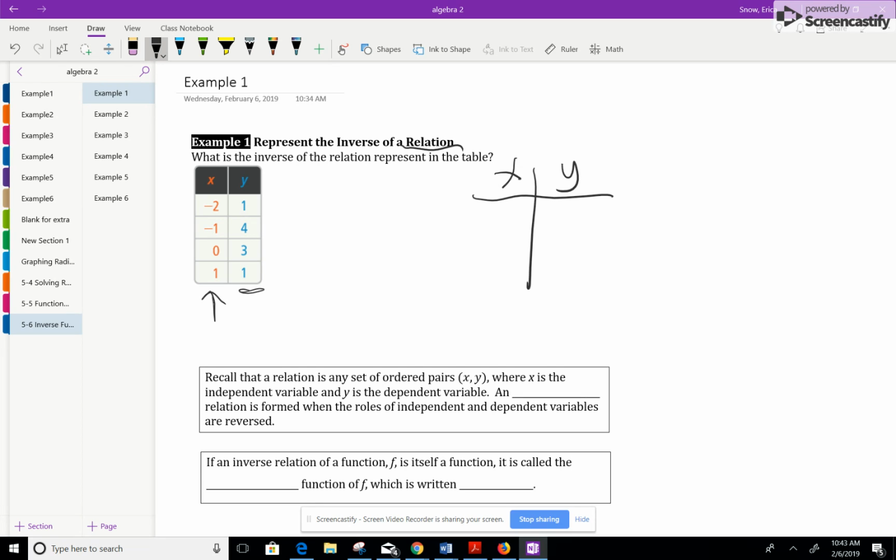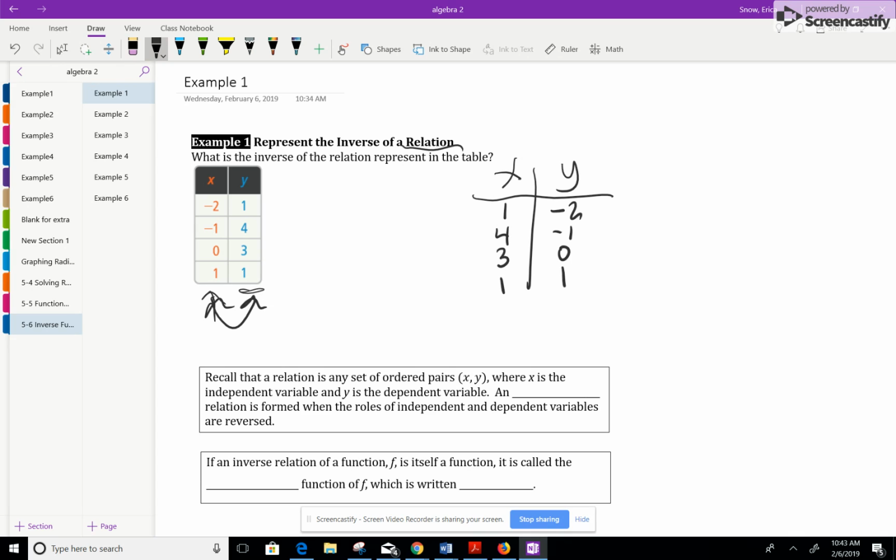So your x's and your y's simply switch. Your inverse relationship would be 1, 4, 3, 1 with your outputs of -2, -1, 0, and 1. So you'll notice that we just switched.